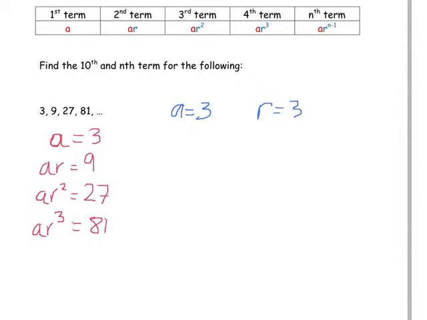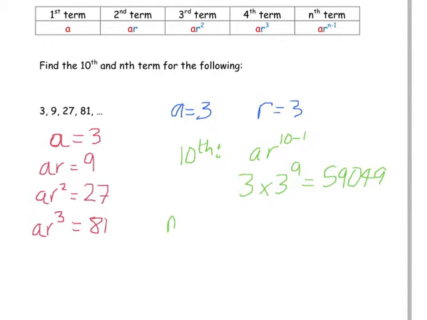So if we're trying to find the 10th term, we need to substitute 10 into our equation for finding the nth term. So a r to the power of 10 minus 1. Well, our a is 3 and our r is 3 and 10 minus 1 is 9. If you do this on a calculator you get the answer 59,049.